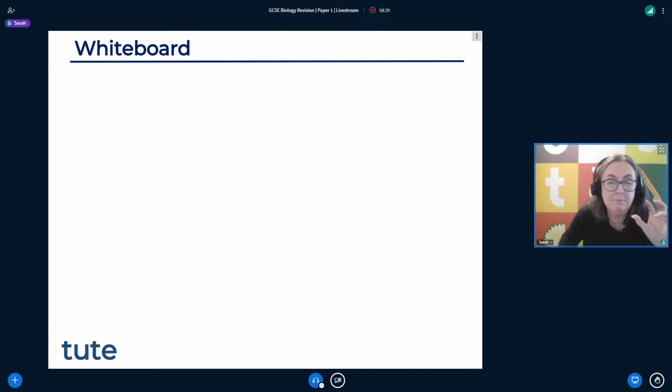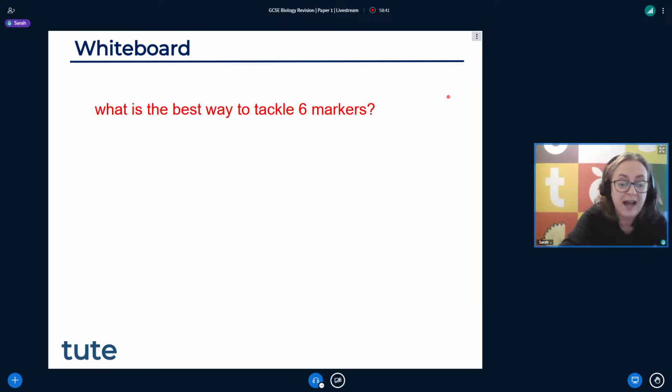You don't have to write massive sentences, but you do want to make sure that you are saying everything the examiner wants to hear, and it can be nice, short, brief, to the point sentences that you're making.